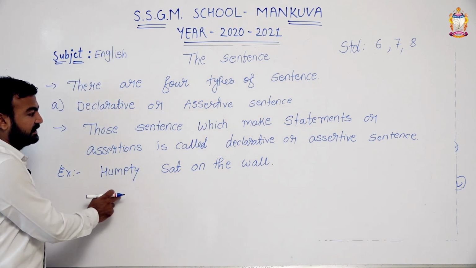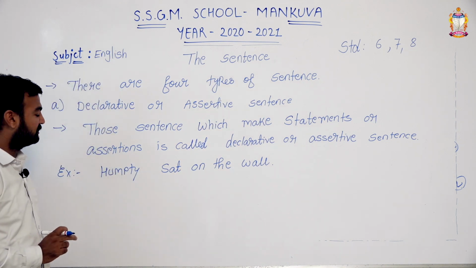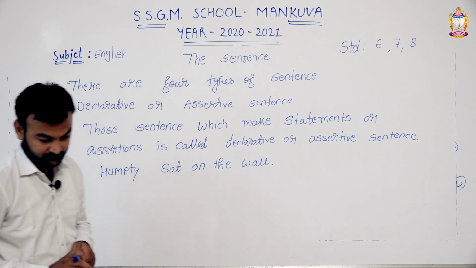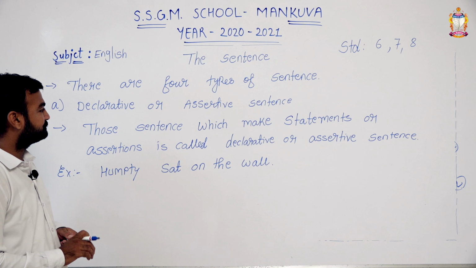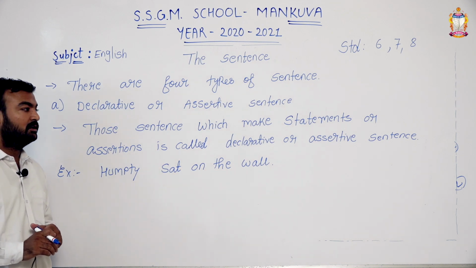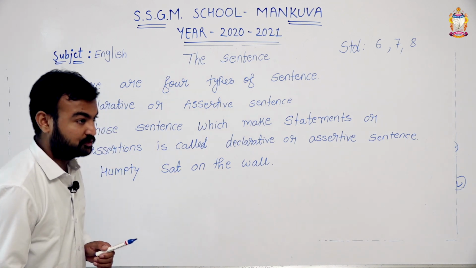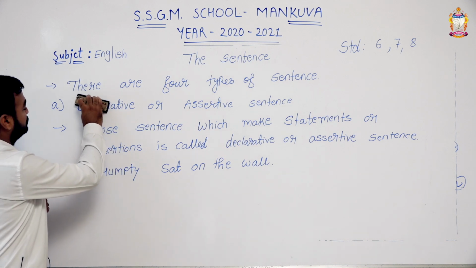So this is known as a declarative or assertive sentence. Now students, write this definition in your notebook. Now let's move to number 2.